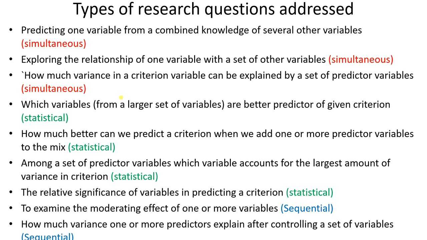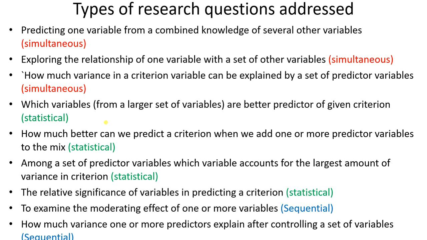Now, in some research questions, we ask which variables from a larger set of variables are better predictors of a given criterion variable. Then we would try to get a subset of variables, and we can follow a statistical method like stepwise. Only those variables will be entered in the regression which are making a significant contribution in making prediction in the criterion. All other variables will be removed.